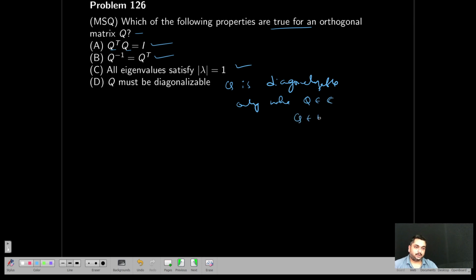If Q belongs to real domain, it may not be diagonalizable. Okay, so this is not true. If they have mentioned complex domain, then fine. They have not mentioned it, so in real domain it's not possible. So they are asking in the real domain question.